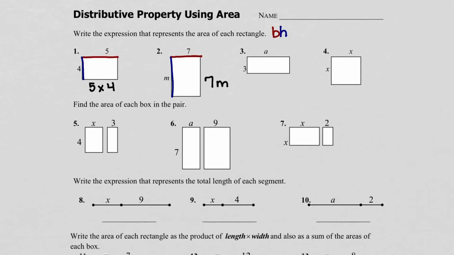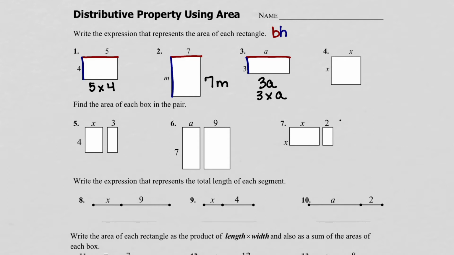Next, my base here is a and my height is 3. So I know that it's a times 3 or 3a. I could have written 3 times a.